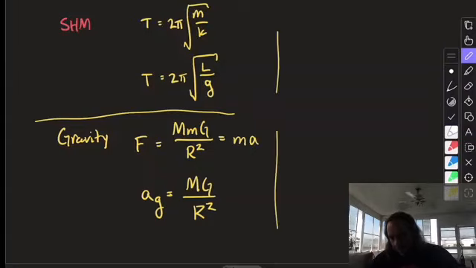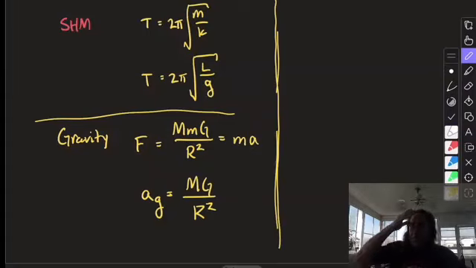For example, one way this question would show up with gravity would be: the acceleration of gravity on the Earth is g. An astronomer finds a new planet that has twice the mass and 3 times the radius of the Earth. What's the acceleration of gravity on the new planet?